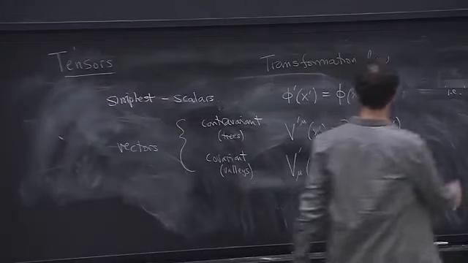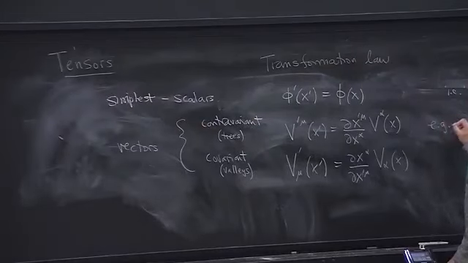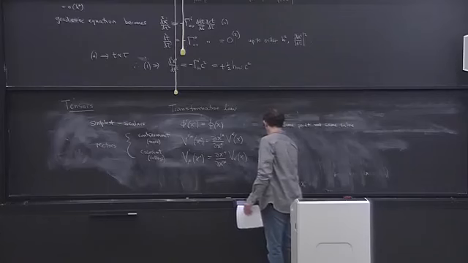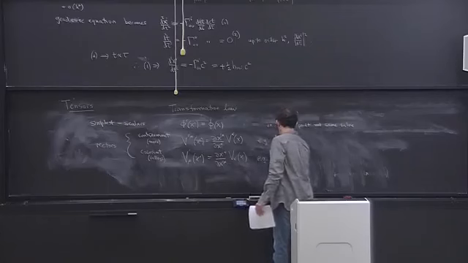And we've already seen examples of both of these. A contravariant vector is dx d lambda, the tangent vector to a curve. A covariant vector is the derivative.